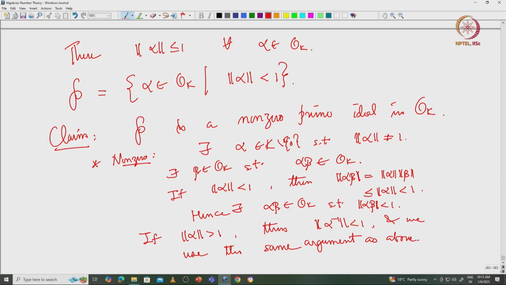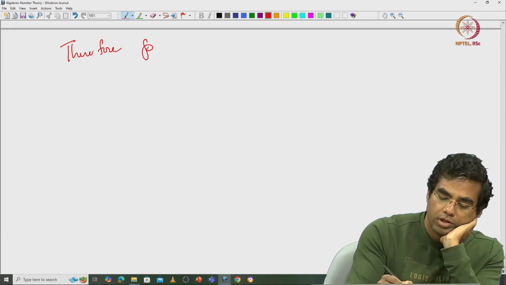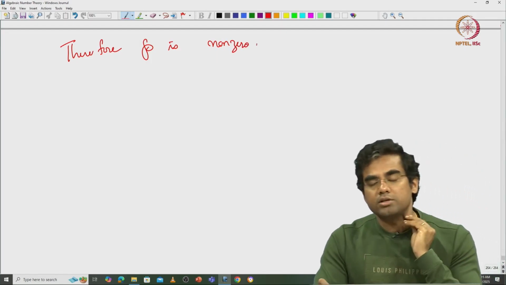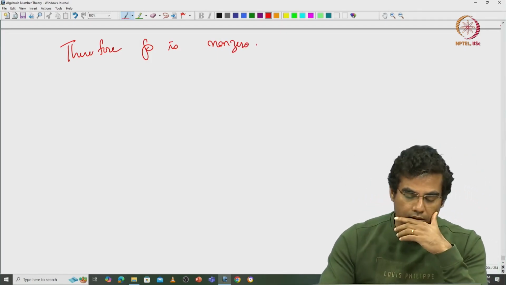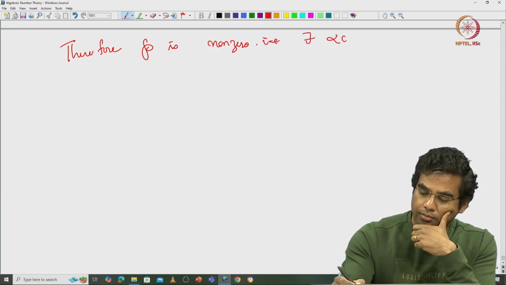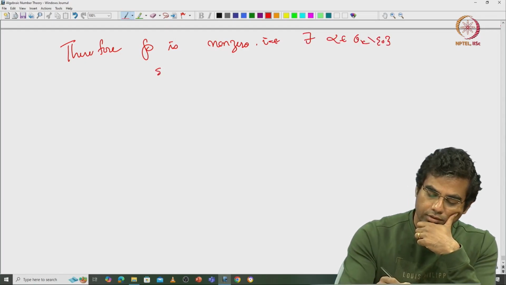So, hence P is non-zero, which means that as a set P is non-zero. 0 is there, but i.e. there exists alpha in OK minus 0 such that alpha is also in P.